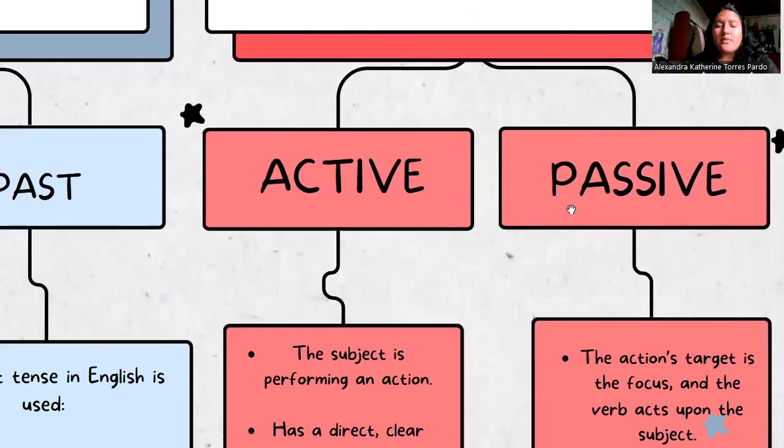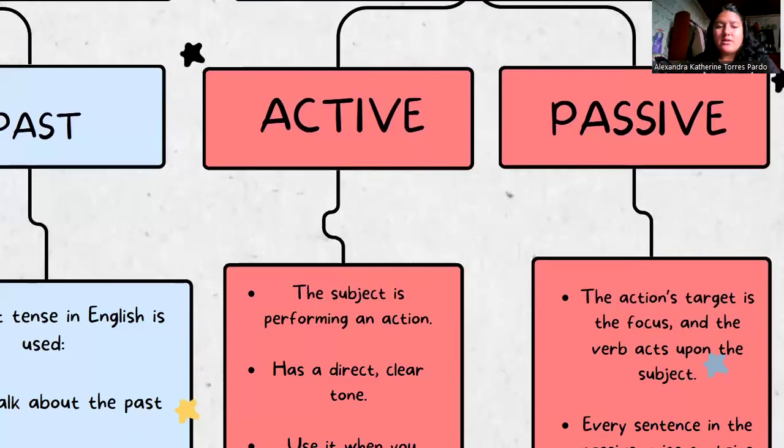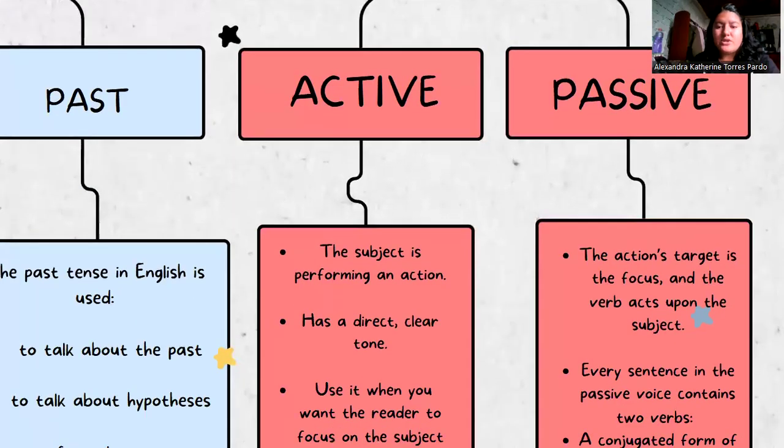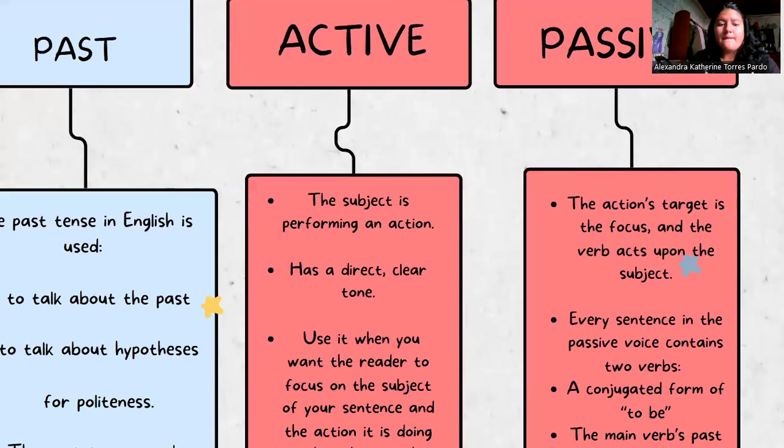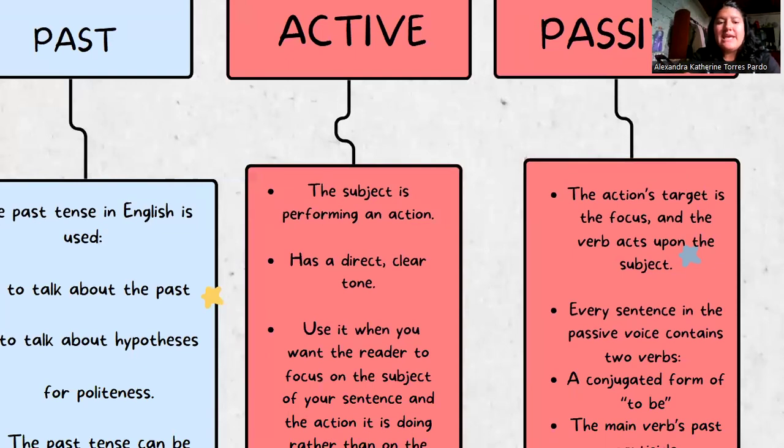Now I'm going to explain the active voice. In the active voice, the subject performs the action of the verb, and the direct object receives the action of the verb.